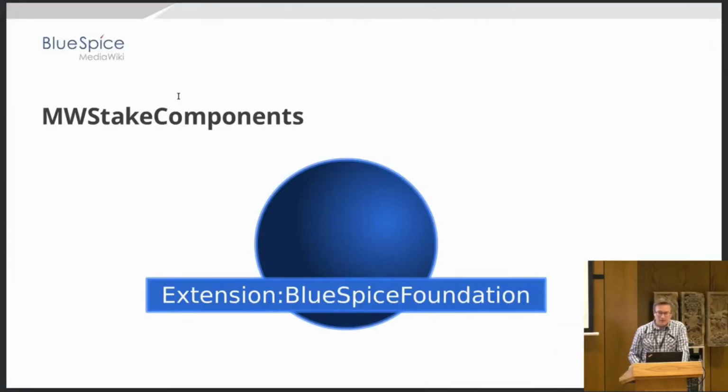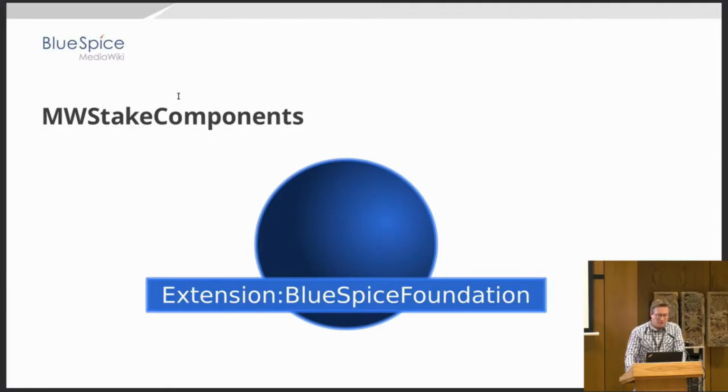As I said in the beginning, we are maintainers of the BlueSpice MediaWiki distribution. When we started with this a lot of years ago, we found that a lot of our extensions need the same or very similar functionality. They had to share functionality.